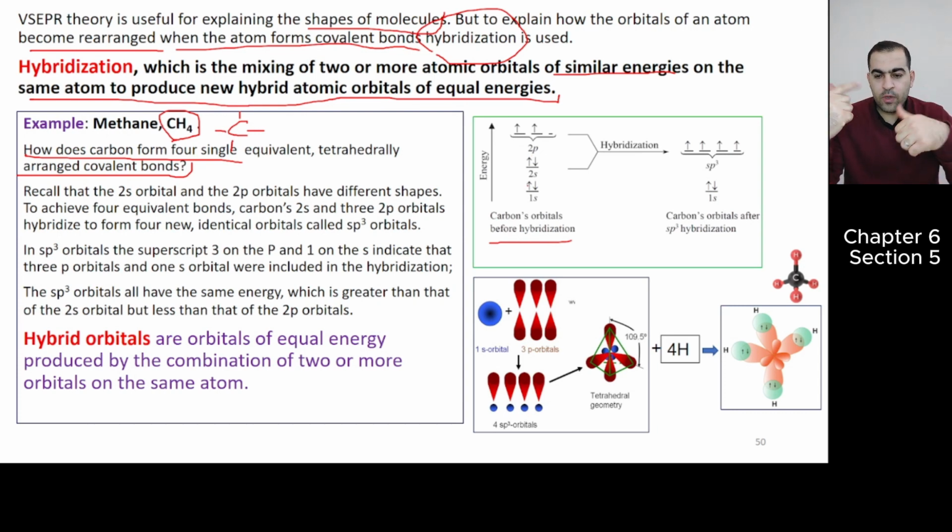2 of them will be in 1s, other 2 will be in 2s, and the others will be in 2p, which are 2. Now guys, do they have equal energy to 2p? No, they don't.